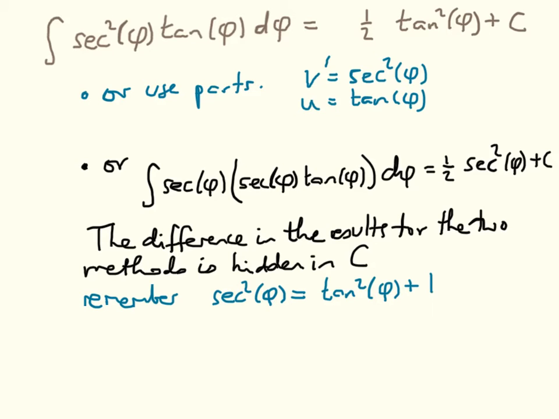So if we were to take this and put it here, we would have a half tan squared plus c plus a half. So that's just an uncertainty in the integration constant.